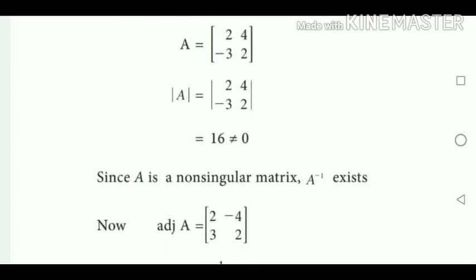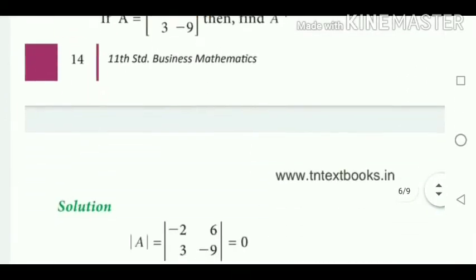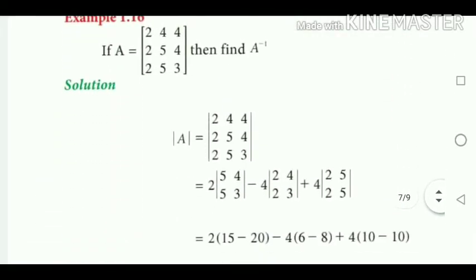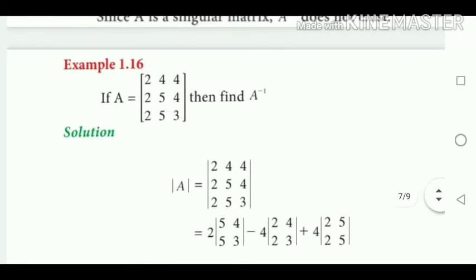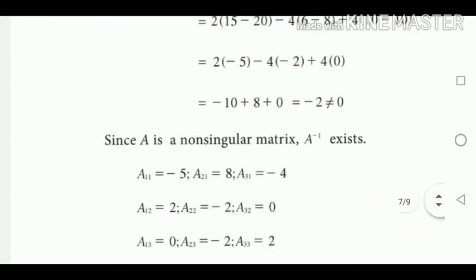Now find the adjoint of A. Here determinants of A is minus 2. Since A is a non-singular matrix, A inverse exists. For this 3 into 3 matrix, we have to find the adjoint of A. Adjoint of A is you have to find for each and every element.